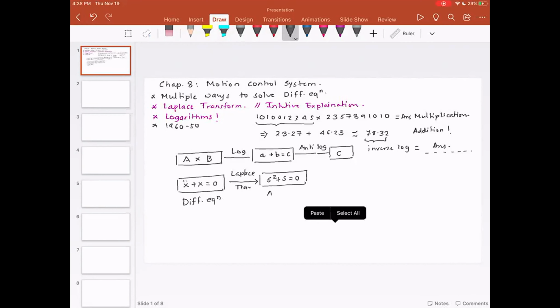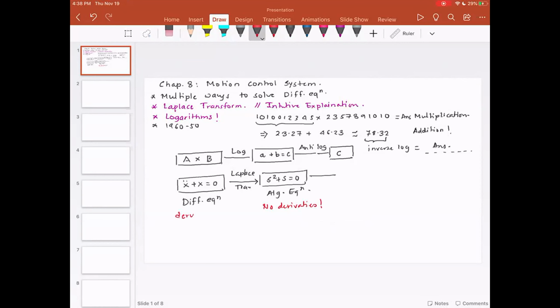What do I mean by algebraic equation? Please try to understand that the equation that I have written does not have any derivatives. So please note, no derivatives here.